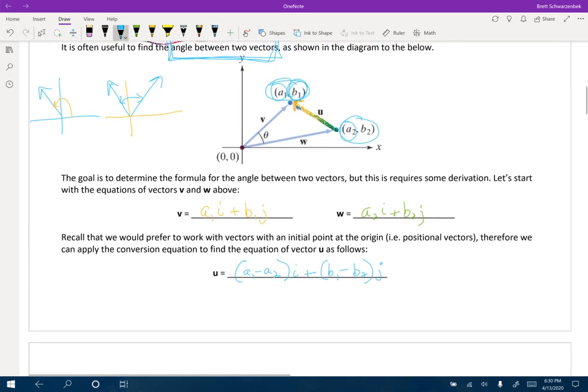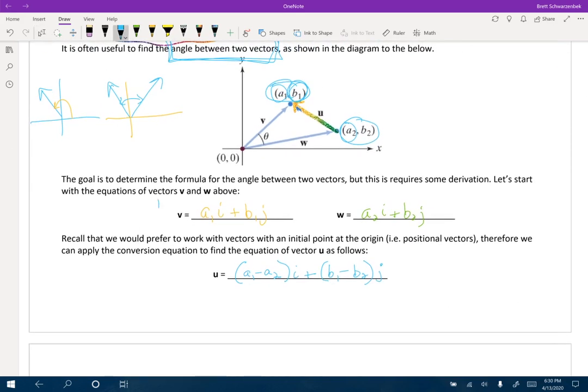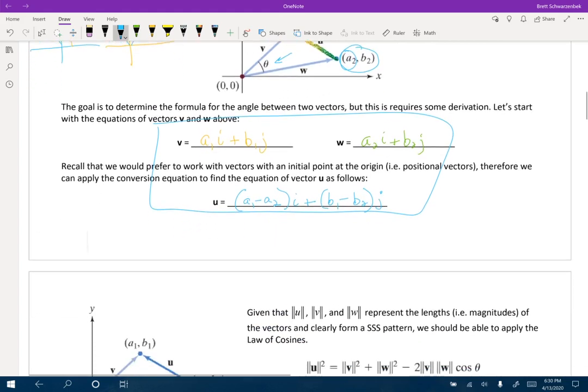So what we end up with is 3 derivation vectors from these variables. We're going to use these in order to find out how to determine this angle on the following page.